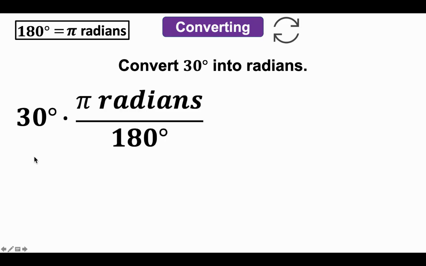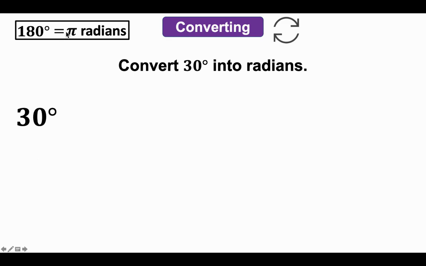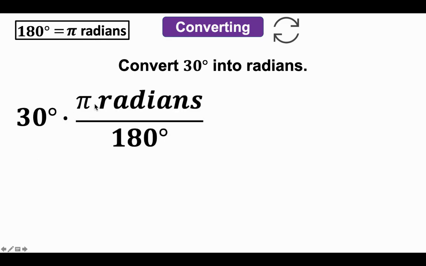If I know 180 degrees is equal to pi radians, and I multiply 30 degrees by pi radians over 180, so I just took this part and put it over this part, this is 1, because pi radians is the exact same thing as 180 degrees. So you have something over the exact same thing. If you had a 5 over a 5, it would be 1. If you had a 7 over a 7, it would be 1.